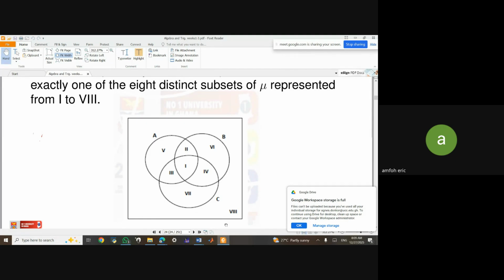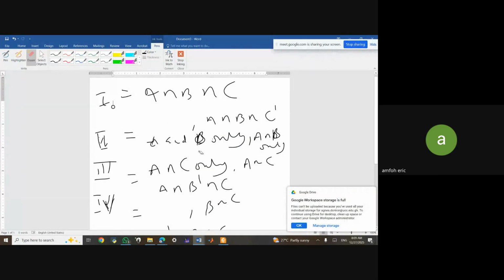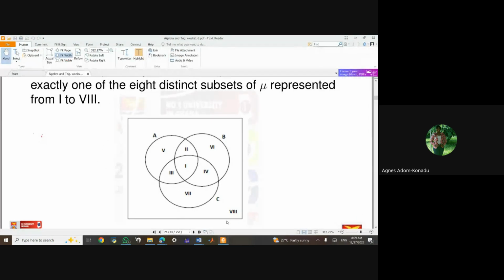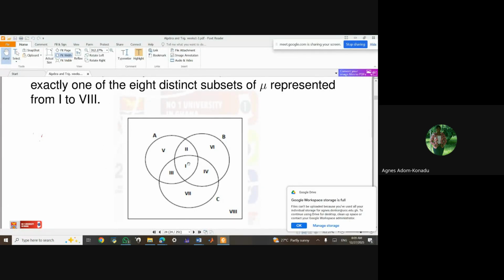What about if you say A intersection B intersection C complement? Oh, we didn't look at that one. Okay, so you said it is A intersection B intersection C complement. So explain your answer.